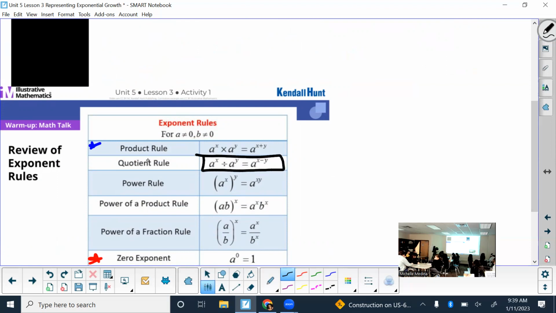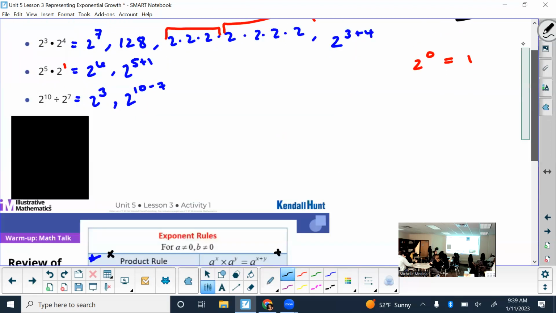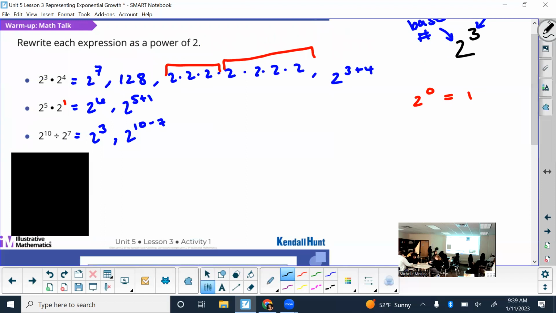The way that I remember it, normally a times symbol looks kind of like a plus symbol. A quotient rule, the division symbol looks kind of like a subtraction sign. But this is what you're doing with the exponent on those at the same base. All right, so 10 minus 7 is 3.